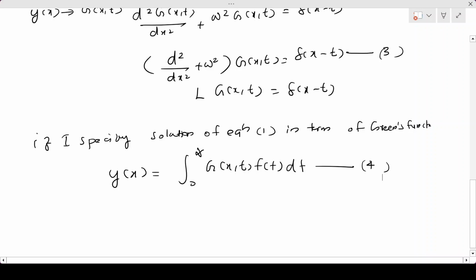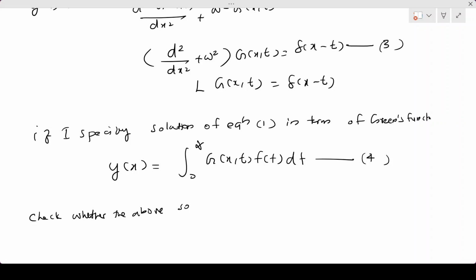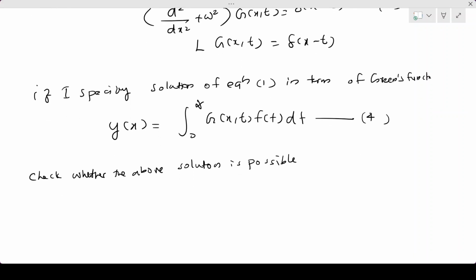Now let me check whether the above solution is a possible one or not. That means if I substitute y of x into equation number 1, I should get f of t.